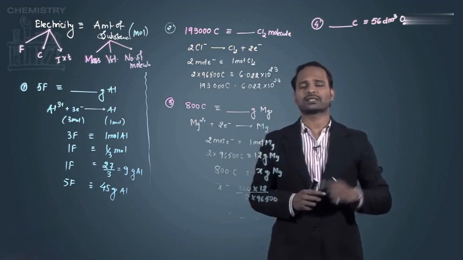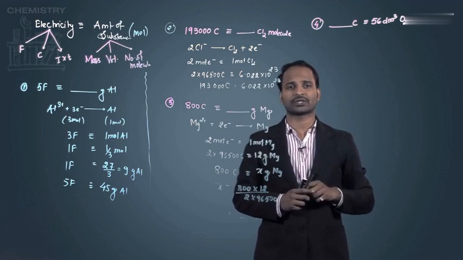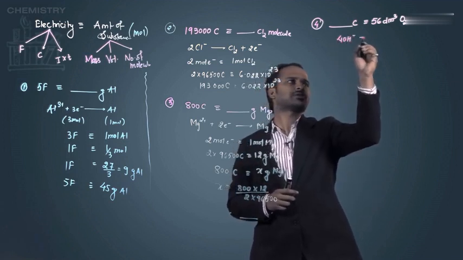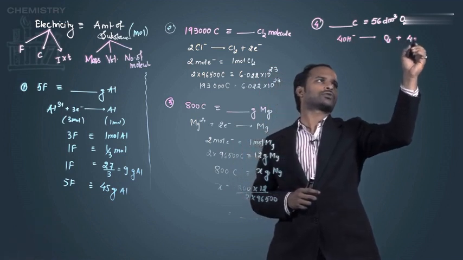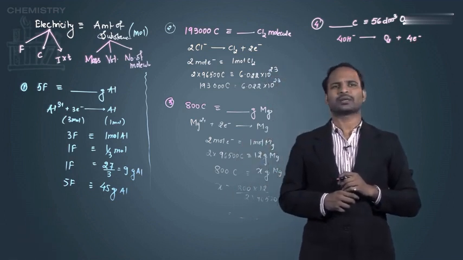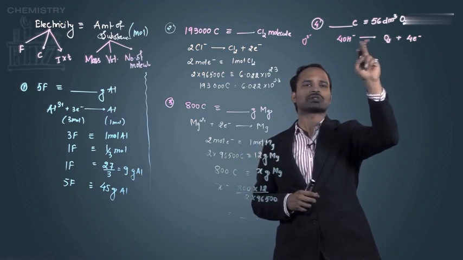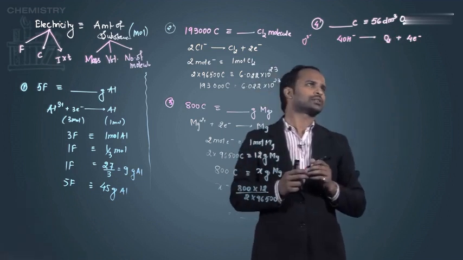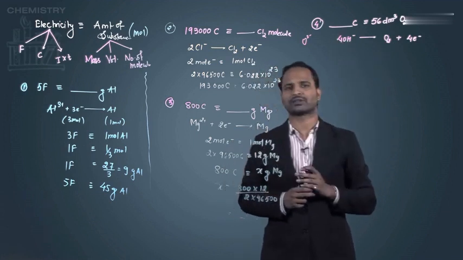Each oxygen carries a 2 minus charge, so 4 OH minus ions will produce 1 O2, 4 electrons are liberated, and we get water also. There are 2 oxygens, so it will lose 4 electrons.